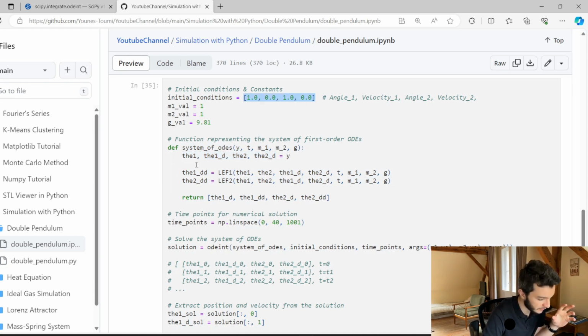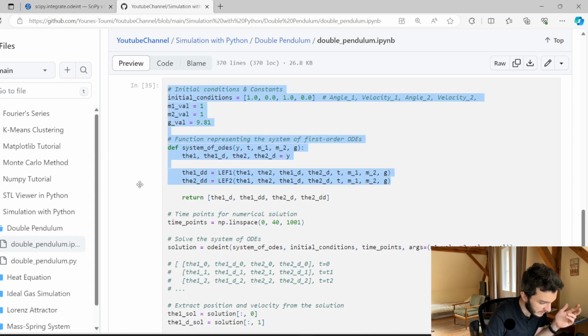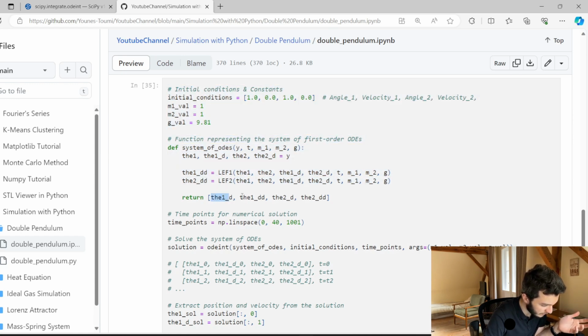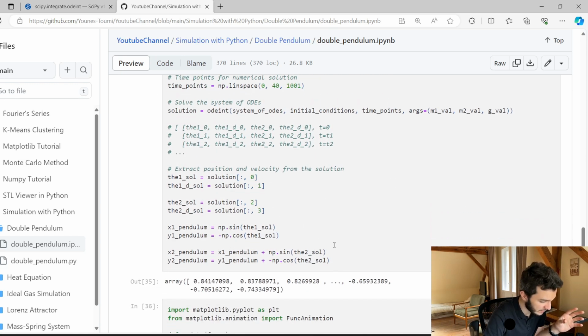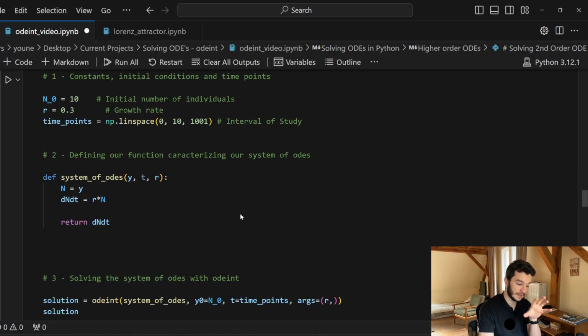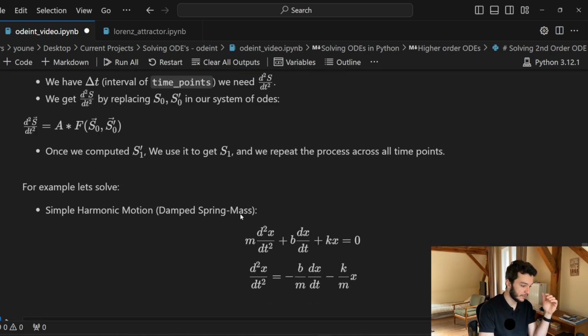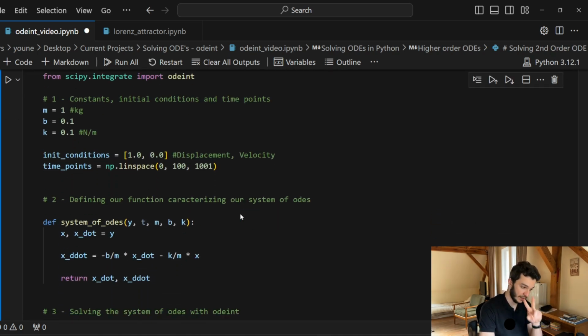Then you have our first equation, our second equation, and then we return theta 1 dot, theta 1 dot dot, theta 2 dot, and theta 2 dot dot. And then it is exactly the same thing. You extract the solutions. If you understood this very basic example, you can build up to solve second order ODEs.